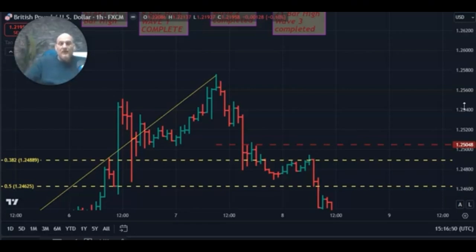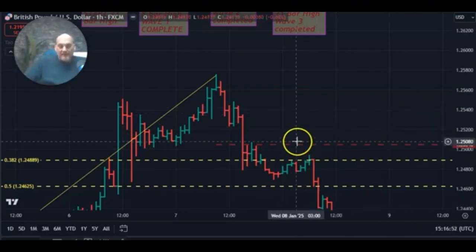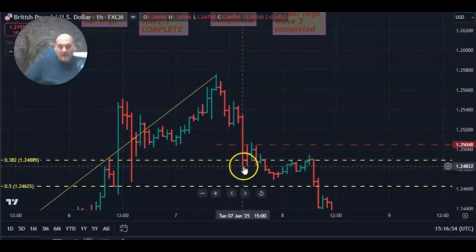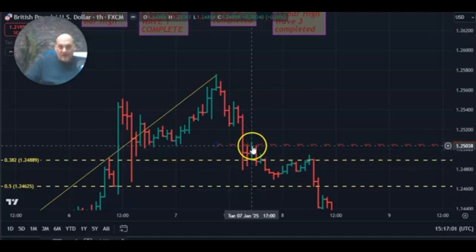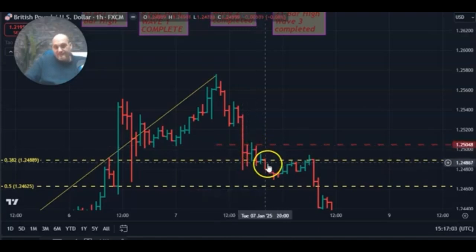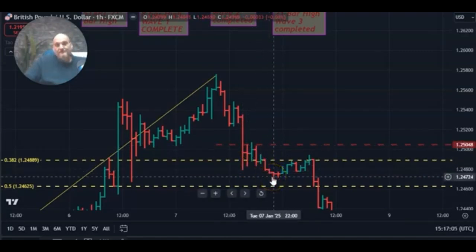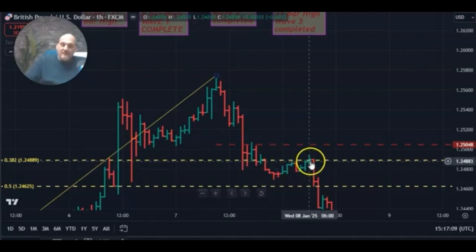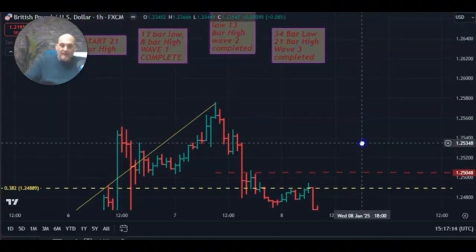But anyway, so we have the potential break point here, right? Market price breaks down. Notice, the marketplace gravitates back right up to it, and it creates a 13 bar low. It then makes an 8 bar high, right?